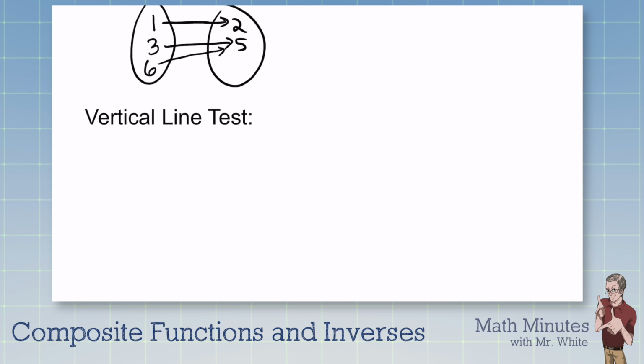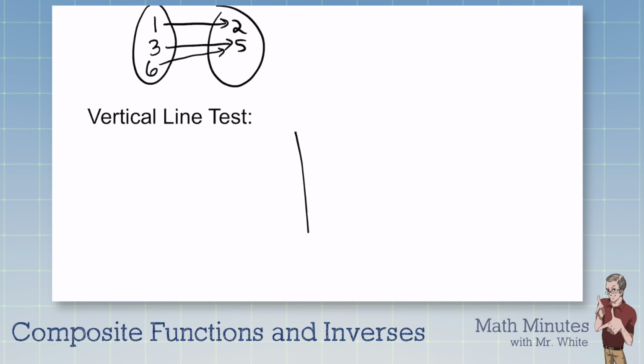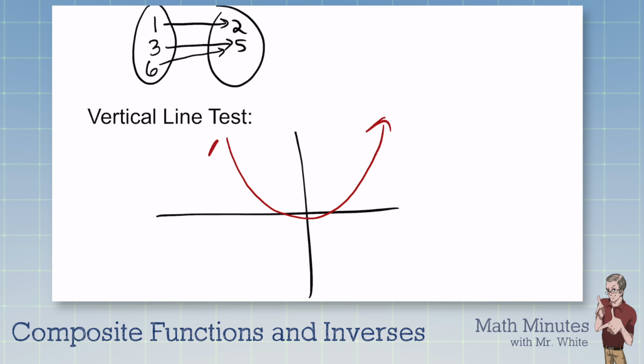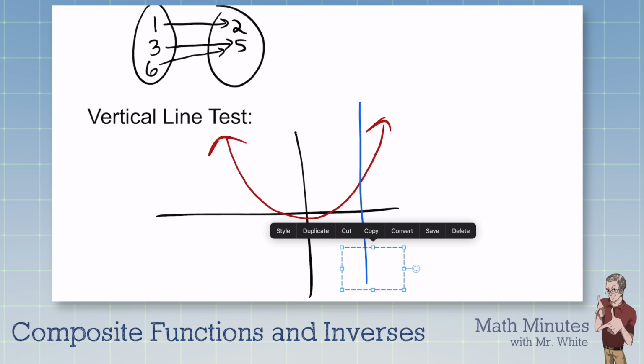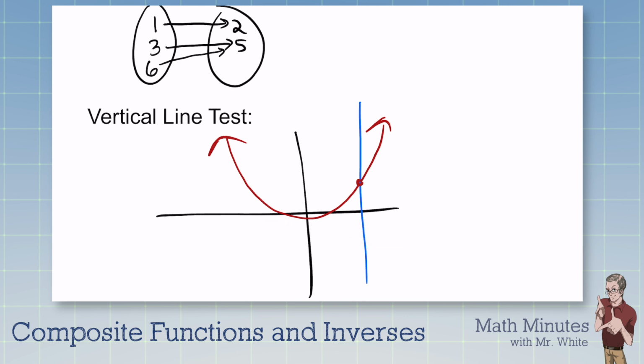Now, graphically speaking, we can have a graph of our function. I'll draw a little parabola here. This is a function because it passes what's called the vertical line test. The vertical line test says if you imagine moving a vertical line all around here, and it only hits once everywhere, then it's a one-to-one relationship.